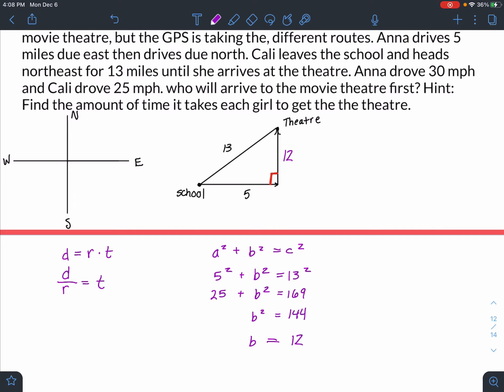Now we need to find the amount of time it takes each girl to get to the theater. We know that Anna drove 30 miles per hour, and Anna was the one who went this distance here. She took the 2 legs of the triangle.